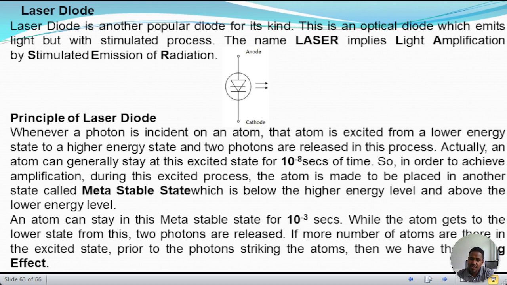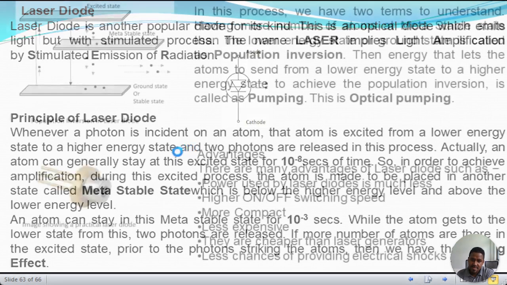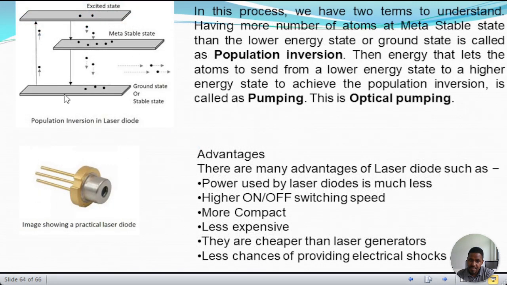If a greater number of atoms are in the excited state prior to the photon striking the atom, then we have the lasing effect. See population inversion of the laser diode. In this process, we have two terms to understand.